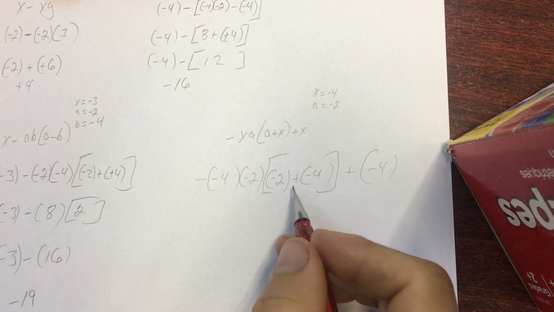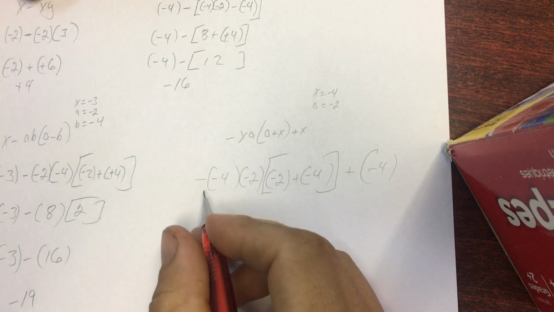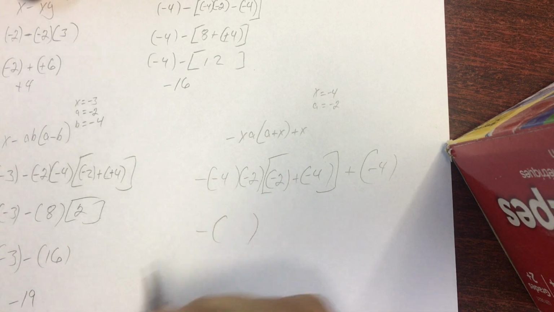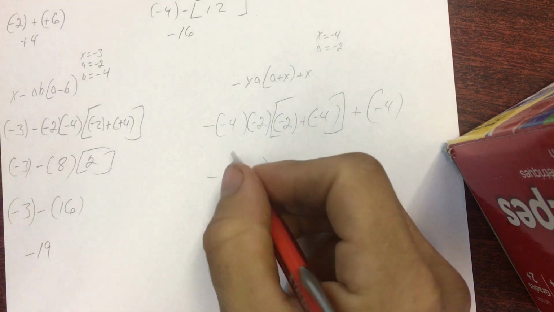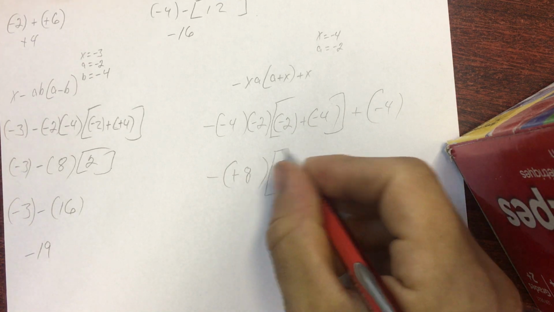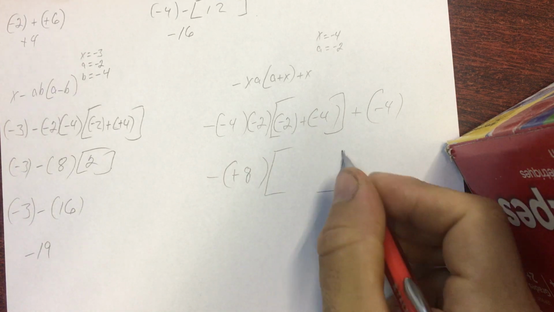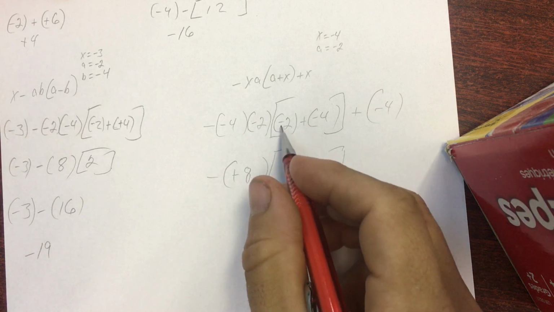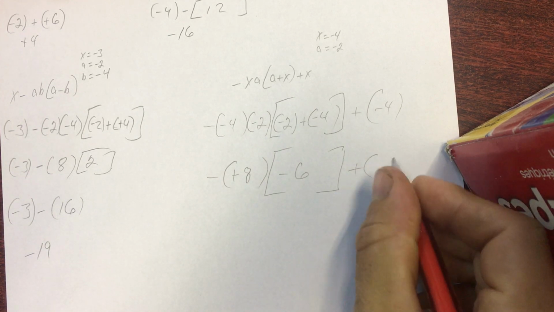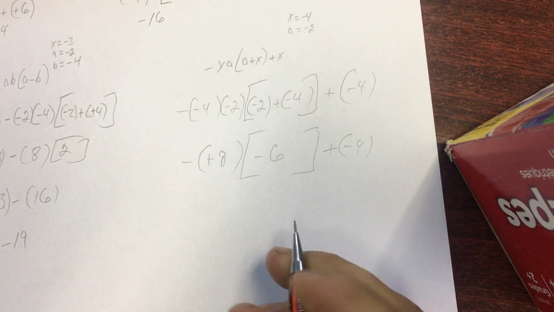Let's multiply these and these at the same time, all in the same step. So I'm going to put a minus sign out front, and negative 4 times negative 2 is going to be positive 8. And then brackets, negative 2 plus negative 2 plus negative 4 is negative 6. And then back here we put plus negative 4.